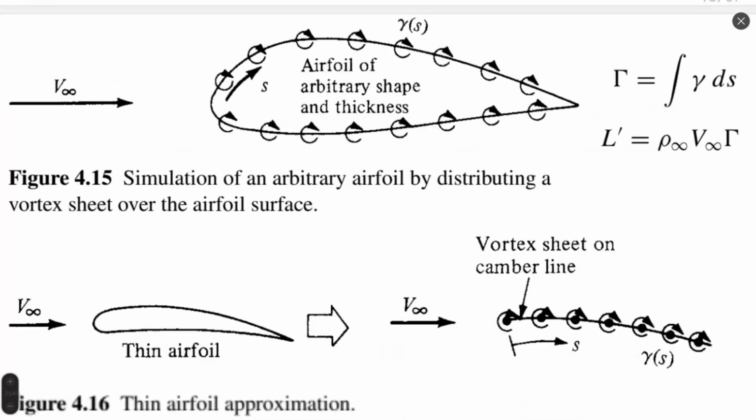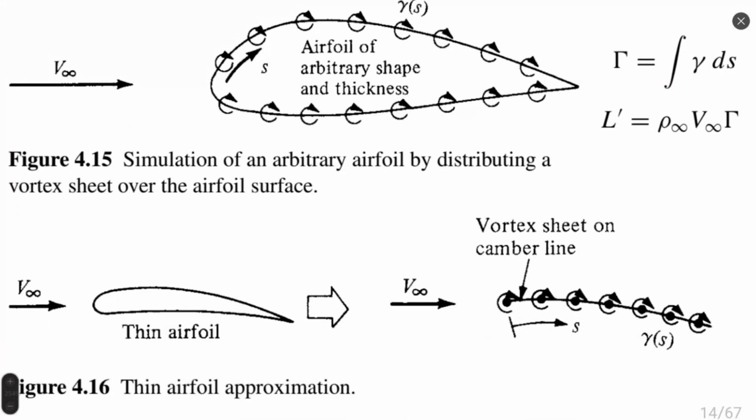Hope it's clear. And now, since we already have all these elements of our model, we can elaborate the flow over an arbitrary airfoil, or a model for this flow.